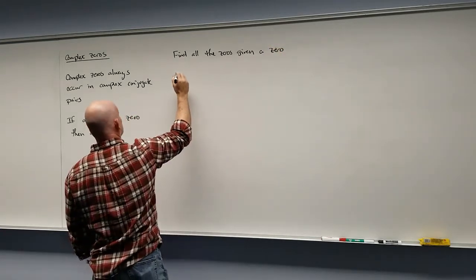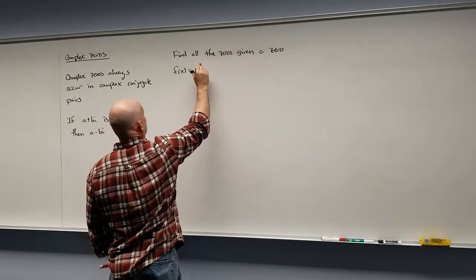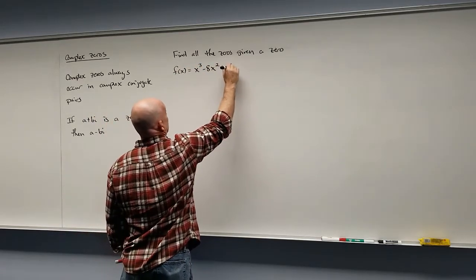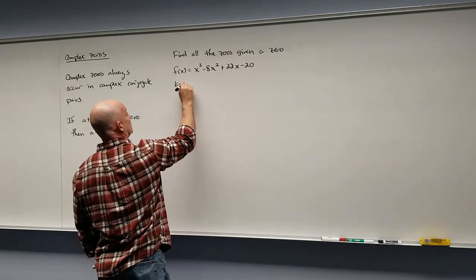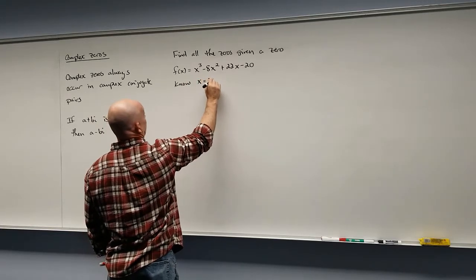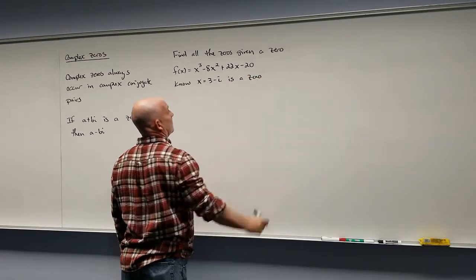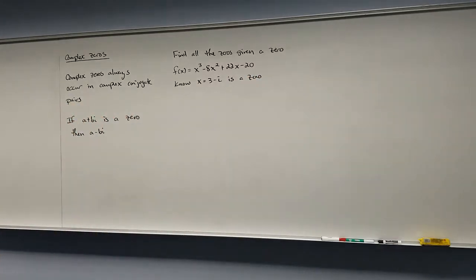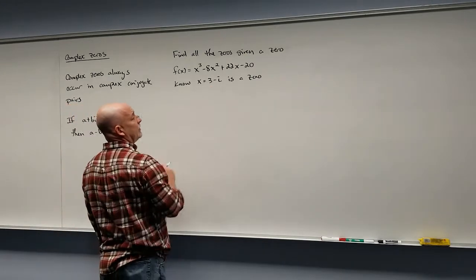So let's say I gave you the function f of x is equal to x cubed minus 8x squared plus 22x minus 20, and let's say x equals 3 minus i is a 0. Okay, so we start out with x cubed minus 8x squared plus 22x minus 20, and let's say that I know x equals 3 minus i is a 0.